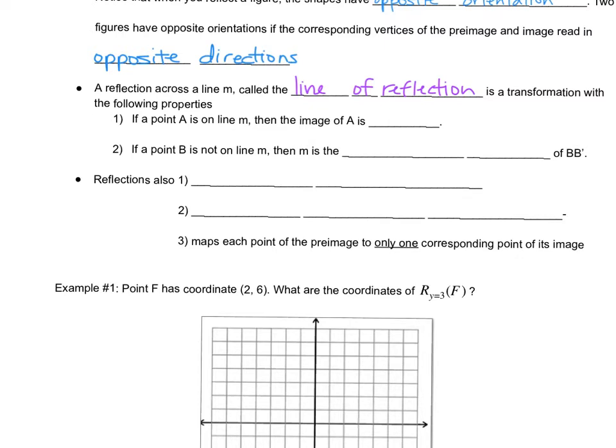Number one, if a point A is on line M, so it's on the line, then the image of A, A being the pre-image, A prime being the image, is itself.